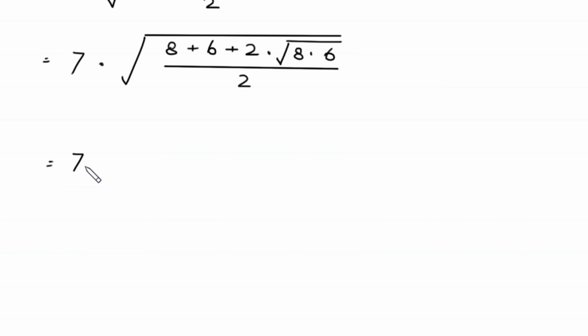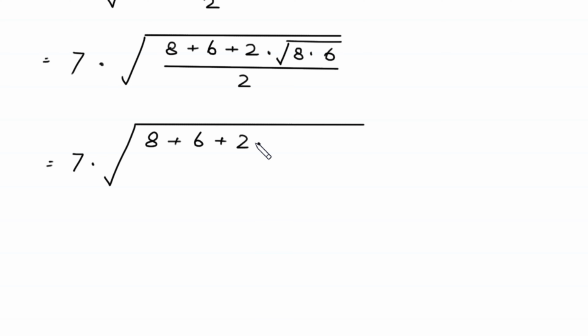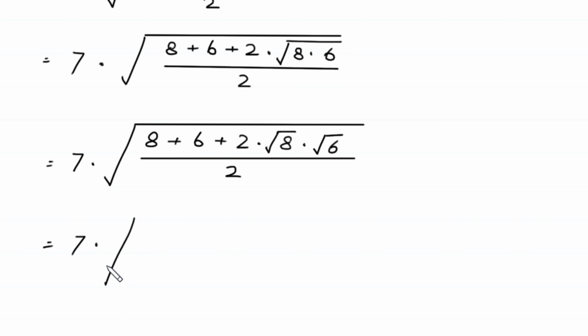Next, 7 times square root of 8 plus 6 plus 2 times, we can write this square root of 8 times 6 as square root of 8 times square root of 6, divided by 2.